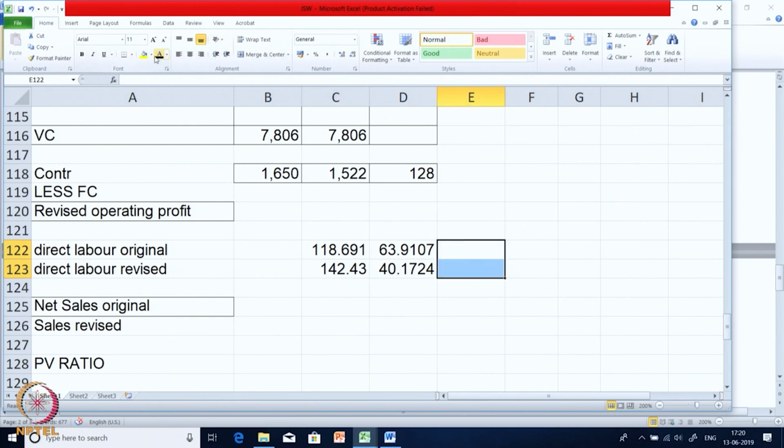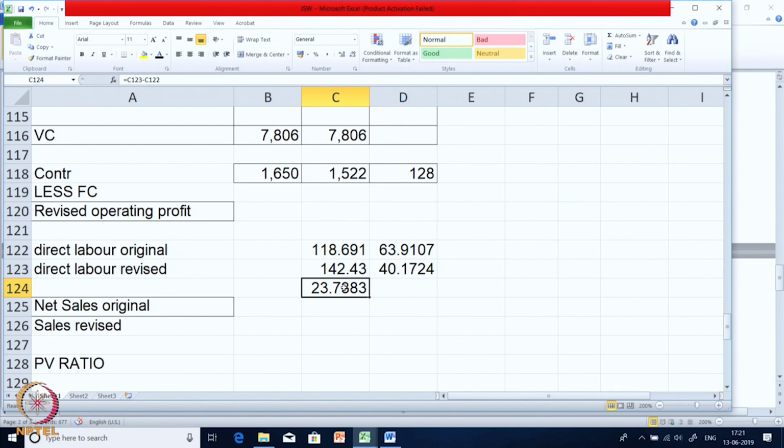Now, since we want more direct labor to go to A, we will cut down the labor for B by the same quantum. The original direct labor for B was 63. You can find the difference between the two, which is 23. That means we are going to give 23 more labor to A.